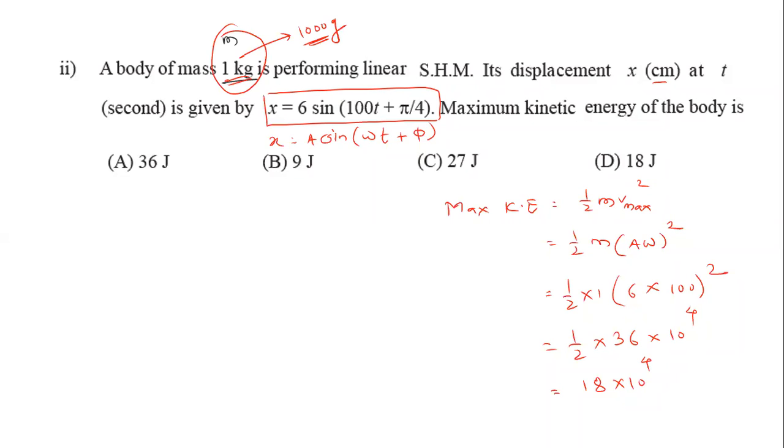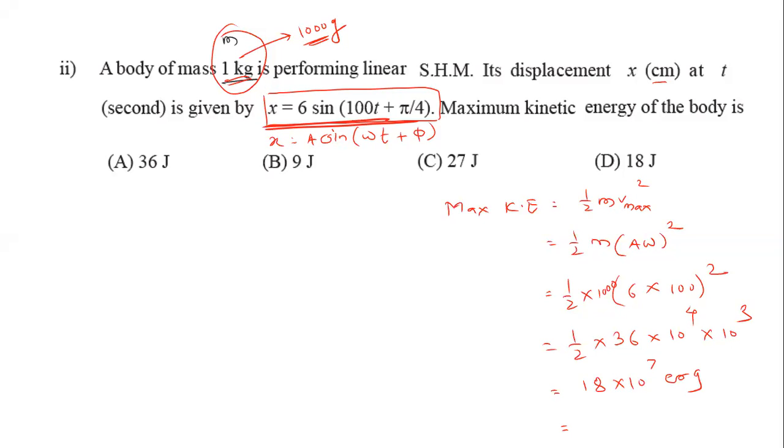So that I have not converted. This x is already in CGS. So here we substitute 1000, 1000 means 10 raised to 3. So we get 18 into 10 raised to 7. This is in erg because we use everything in CGS.